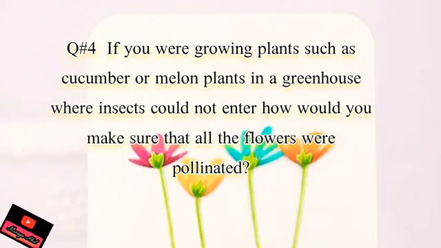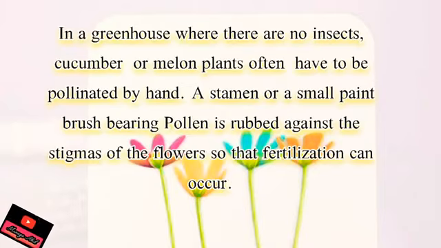The answer is, this has been practiced for many centuries, and it is in a greenhouse where there are no insects. Cucumber or melon plants often have to be pollinated by hand. Artificial pollination. Okay, a stamen or a small paintbrush bearing pollen is rubbed against the stigmas of the flower so that fertilization can occur.